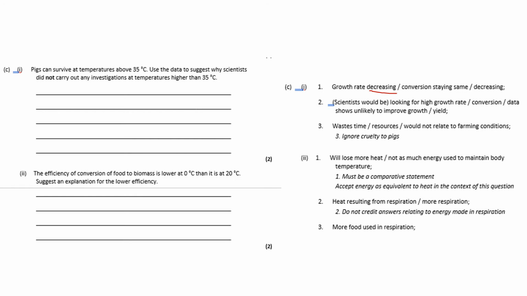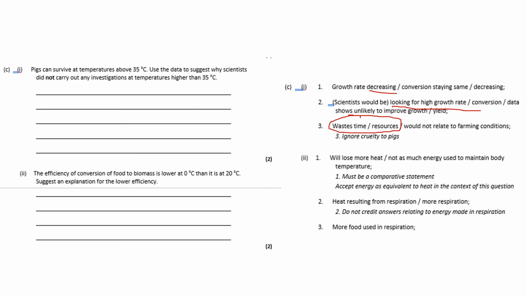So it would be a waste of time and resources if they were to test temperatures higher than 35 degrees. So growth rate is decreasing from 35 degrees, we can assume, looking at the data in the table. And obviously they're looking for that high growth rate. So it would be a waste of resources for the farmer to continue testing higher temperatures than that.